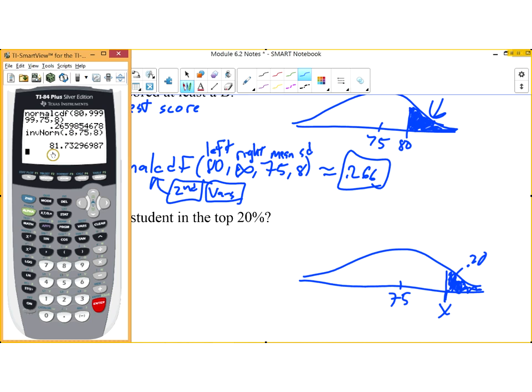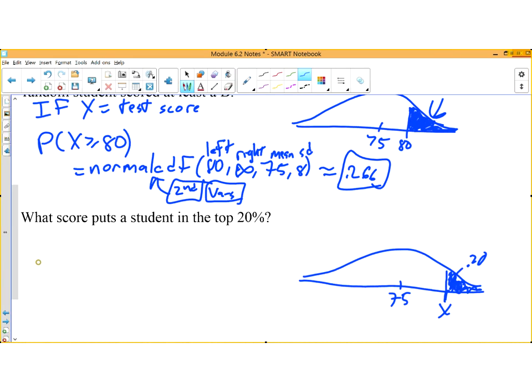That makes sense, it's a little higher than 80, which cut off 26.5% of the data roughly. So 81.7 cuts off the upper 20%. If we write that down, to solve this we did inverse norm, same place, second in the vars key.